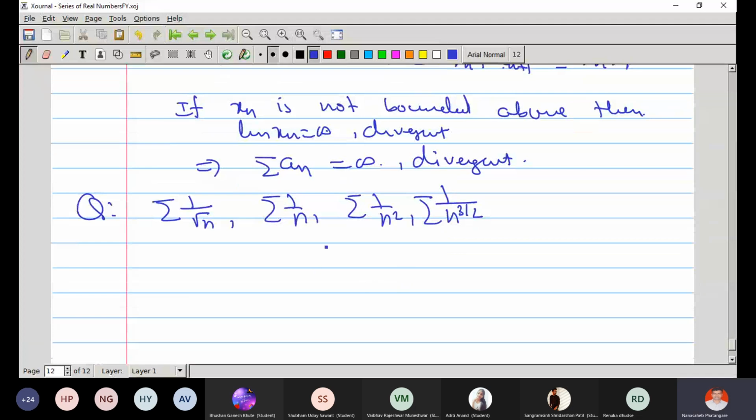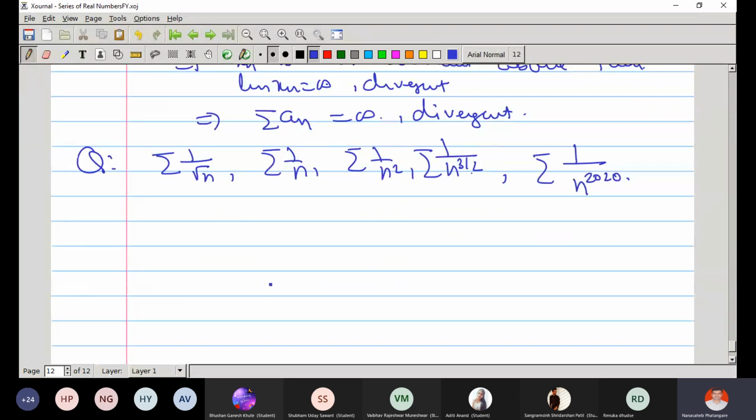Here the power changes. Here the power is half, here it is 1, here it is 2, here it is 3 by 2, or series n raised to 2020. What about this series? Do you get some general idea whether the series converges? So let us see what happens.